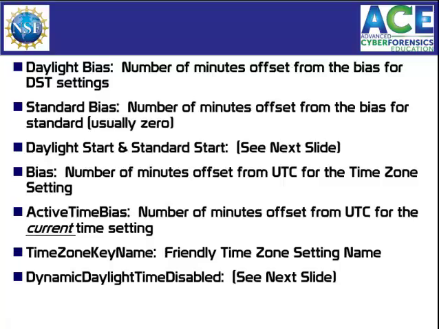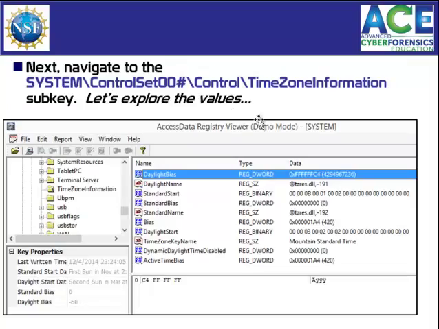When we navigate out and we look at the two string values for 191 and 192, we find that 191 is applicable to Mountain Daylight Time, and 192 is correlated to Mountain Standard Time.